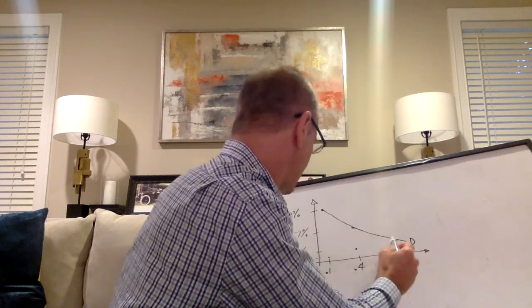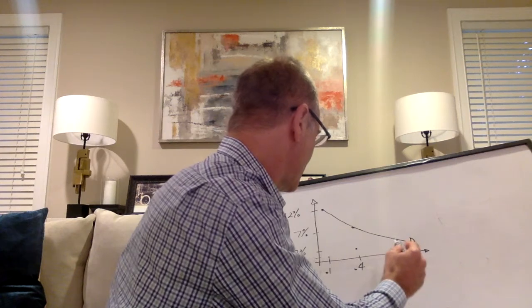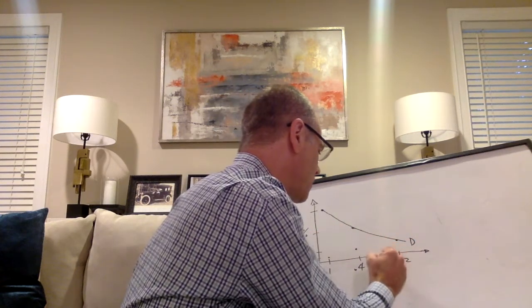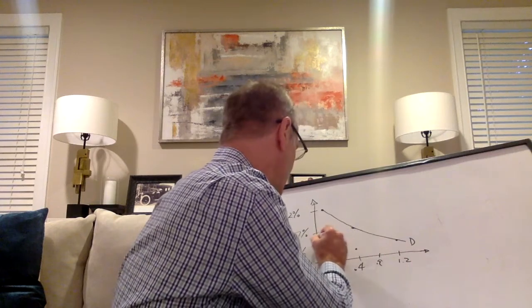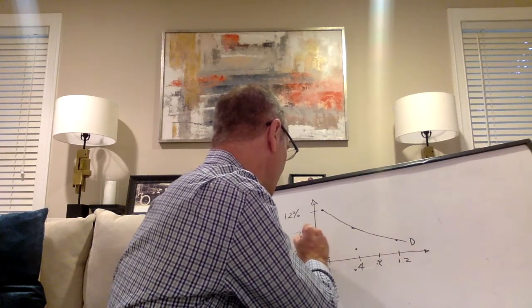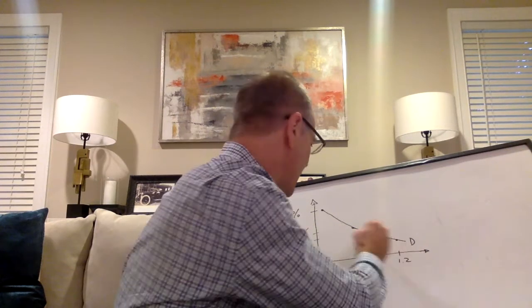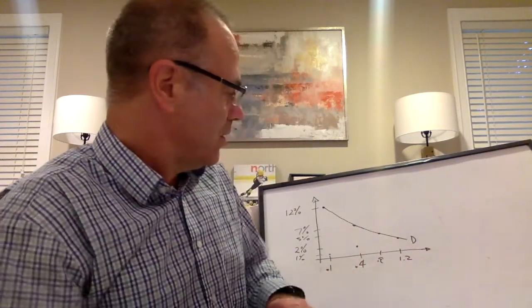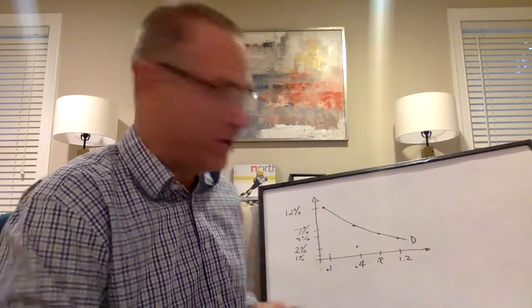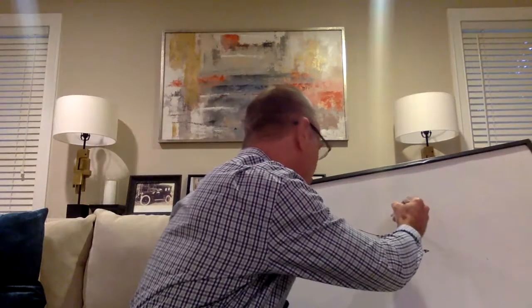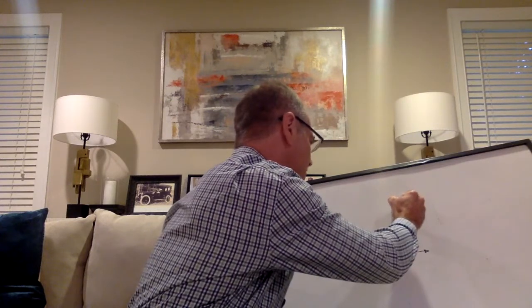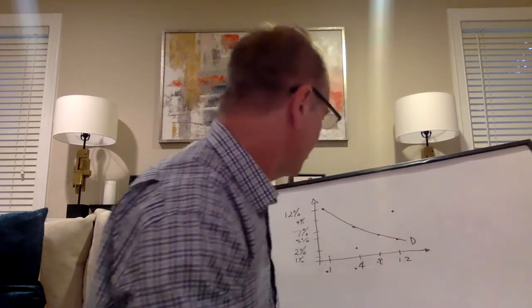Let's say at something like 0.9 trillion. If the interest rate were 5%, banks will be willing to lend 0.9 trillion. Okay, and so on. Let's say at 9%, they'd be willing to loan 1.2 trillion.